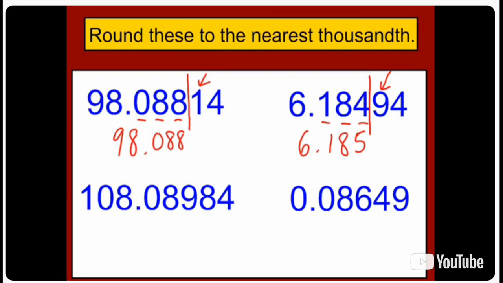Next one. Here we go. So by looking at this, I have a 9, right? Again, it's a huge number, but all I care about is locating the thousandth spot. Right here is the 9. And then what's next door to it, right, where I'm chopping it off. No matter what, these are going to be zeros, okay? I just have to determine what this is going to become, the digit in front and behind where I'm chopping it off.